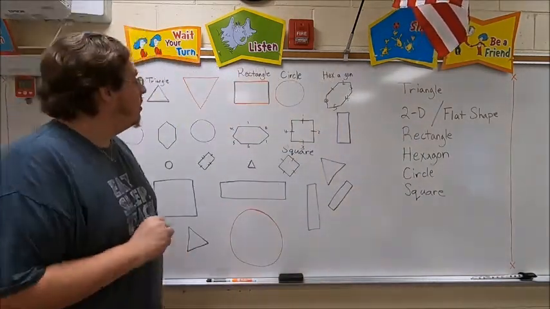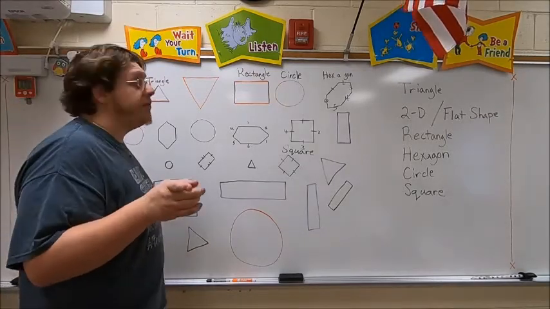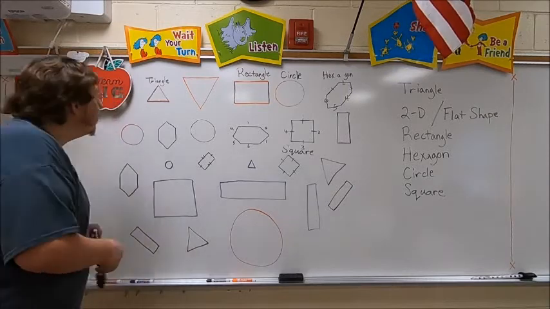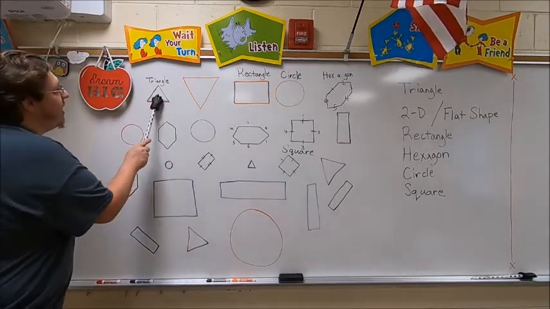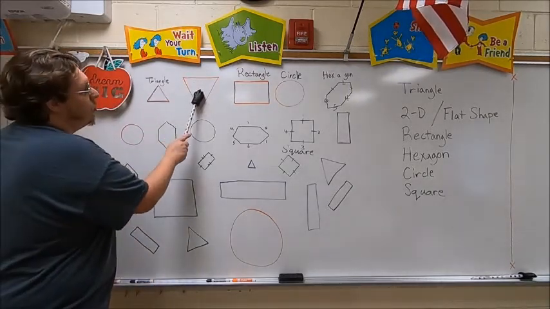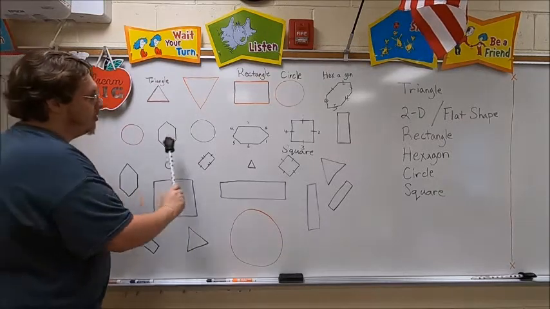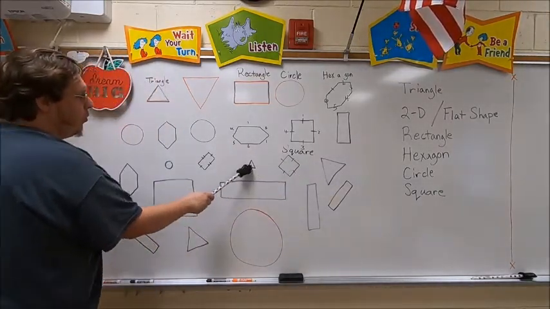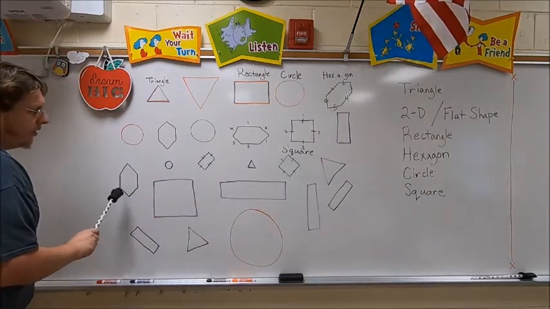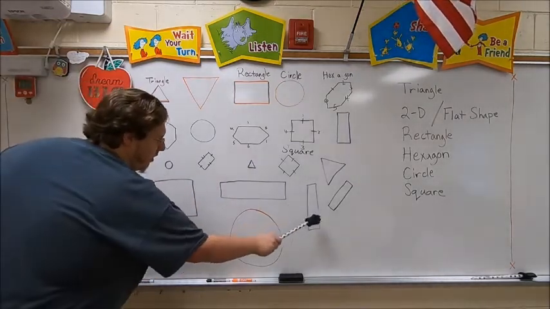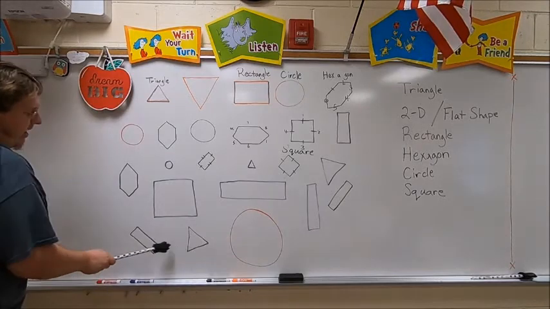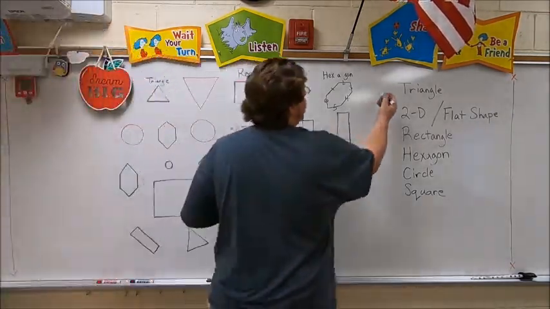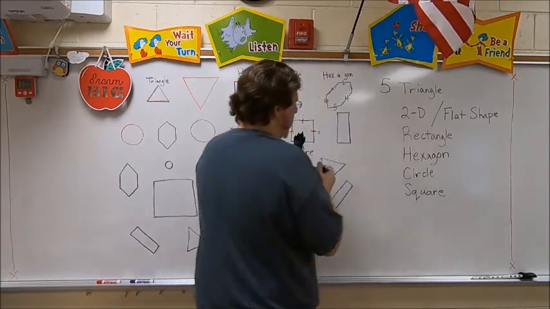Let's count the number of triangles we have. You ready? Count with me. 1, 2, 3, 4, 5. How many triangles do we have? That's right, 5 triangles.